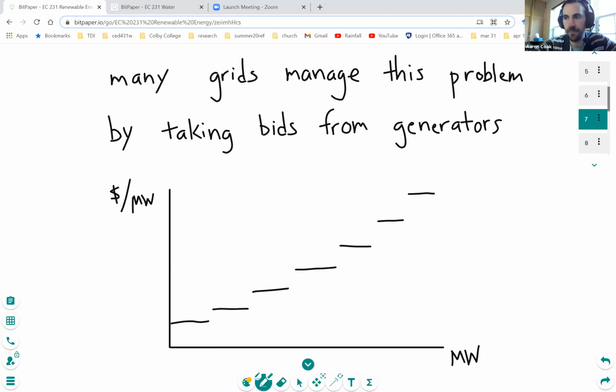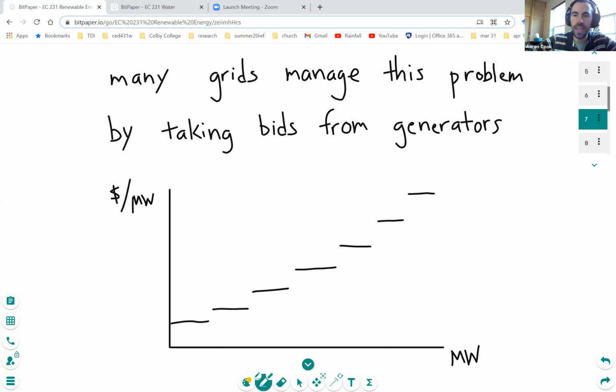Anybody that wants to be eligible to produce electricity on a given day is going to submit a bid to the grid operator. They're going to say, I can generate electricity at X dollars per megawatt for this time of day, and I'm willing to accept something at least that much in order to produce at that hour of the day.